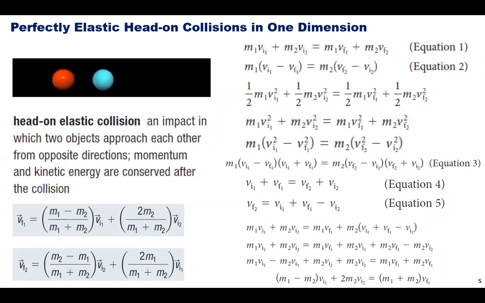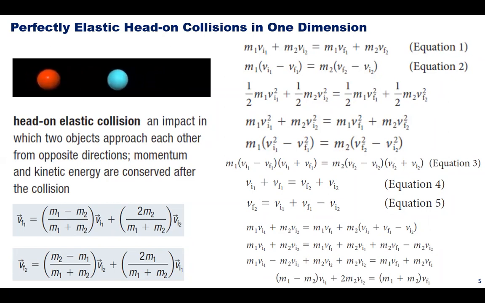If we assume a one-dimensional collision, we can omit the vector notation for velocities and instead use positive and negative values to identify motion in one direction or the opposite direction, right? We begin the analysis with the conservation of momentum.